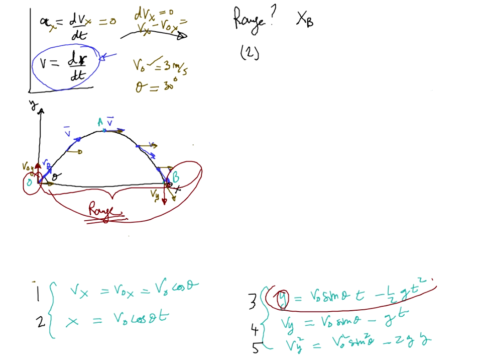So solve for t from which equation, Michael? Four. But if you want to solve for t from equation 4, you need to know Vy, which is okay. But it means you need to get Vy from somewhere else. That means you need to get it from equation 5.